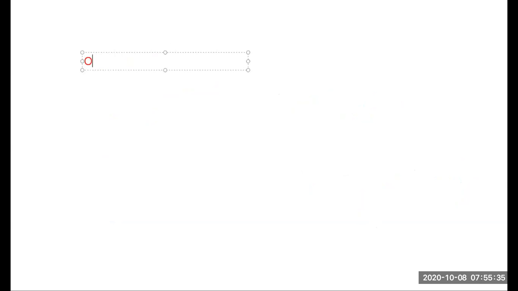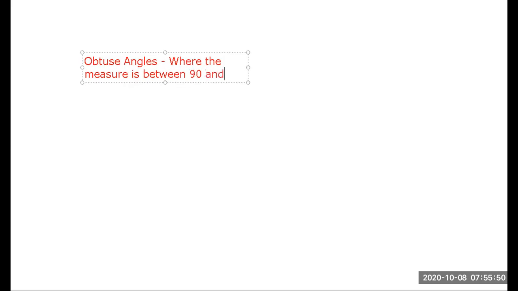Obtuse angles, where the measure, does anyone remember this one? Is between 90 and 180 degrees.